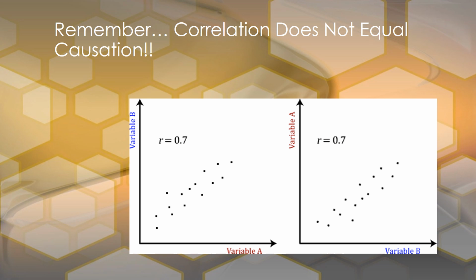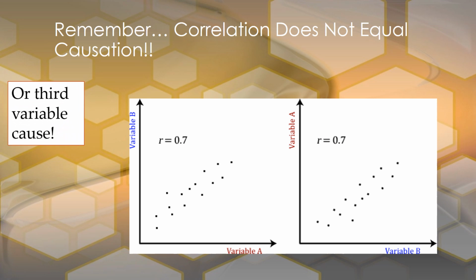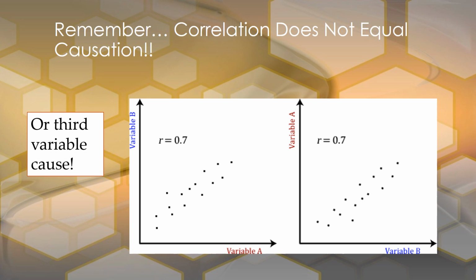But it could be either way, or it could even be a third variable cause, and one doesn't cause the other. It's actually a third variable causing both variable A and B to increase at the same time, and then they happen to be correlated and associated with each other, but they really don't have a relationship with each other.